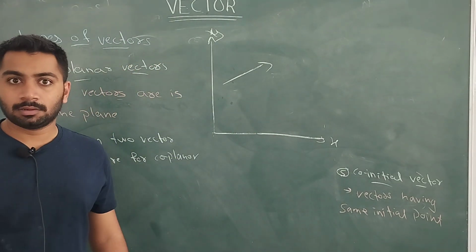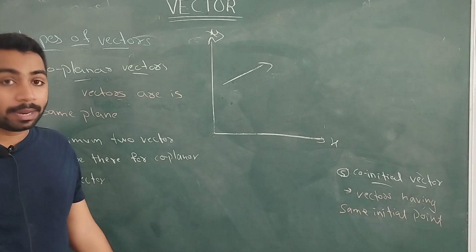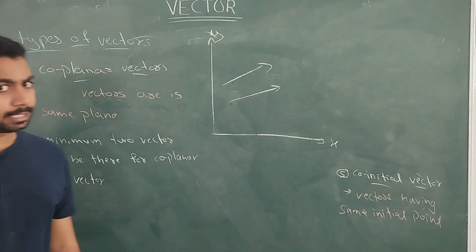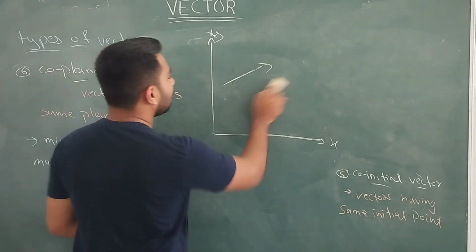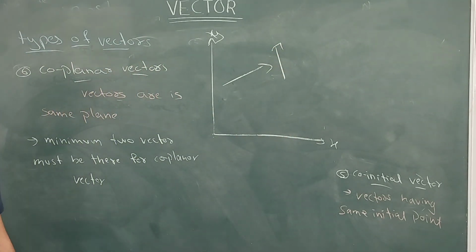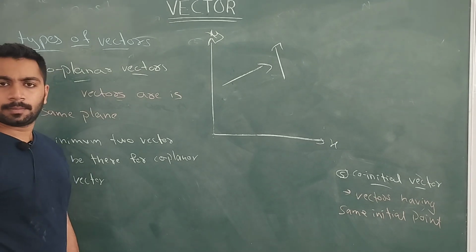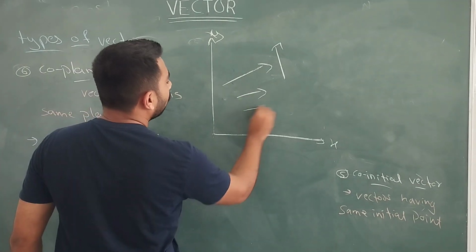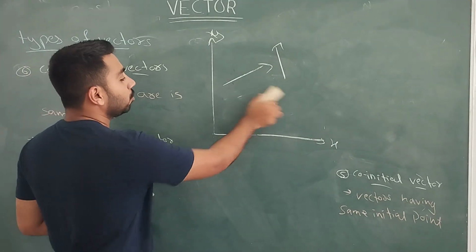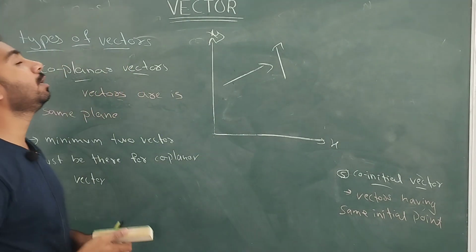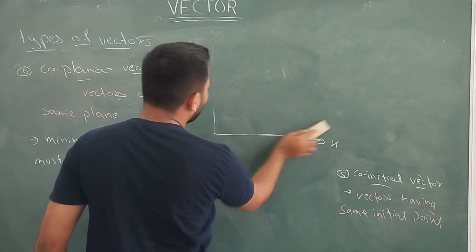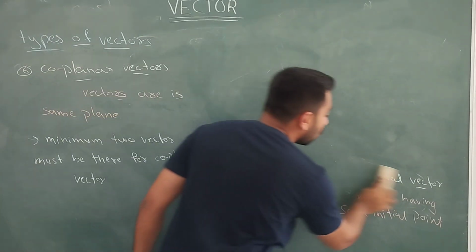Is this coplanar? No, it is not coplanar. If you add one more here, then it is coplanar. Or you can add one in any other direction, it is coplanar. Now if you have n number, okay, but what is the minimum you need? Minimum 2 must be there. This is a very important point. Note it down.